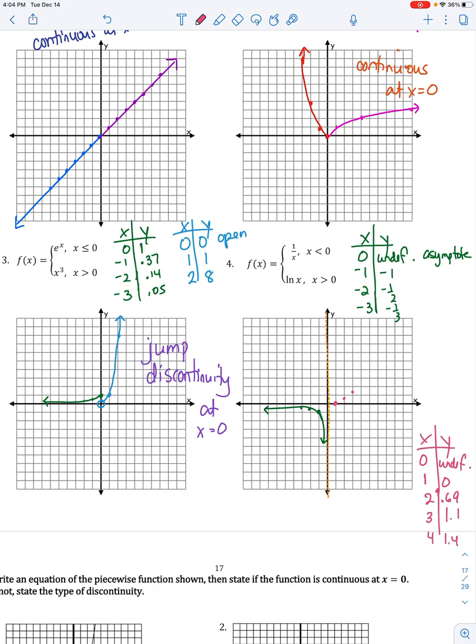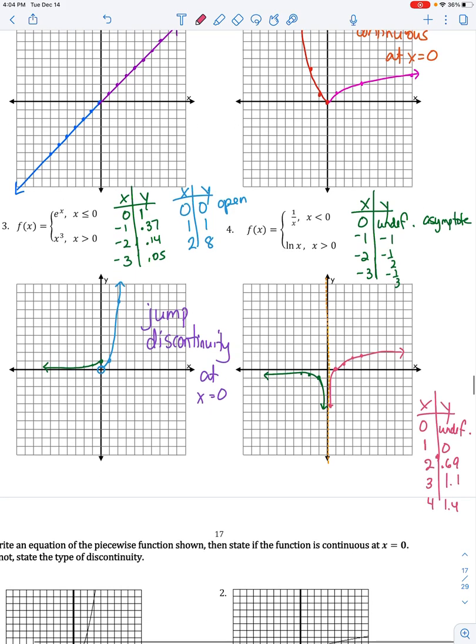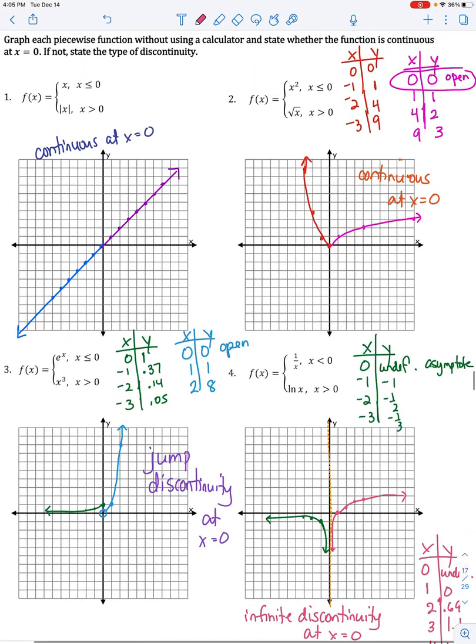That's 1.4. So it's like that, and then it is approaching that asymptote, but it never hits it. So that's a weird one, and that is called infinite discontinuity because there's an asymptote at x equals 0.